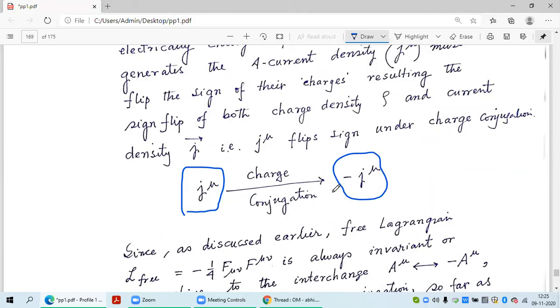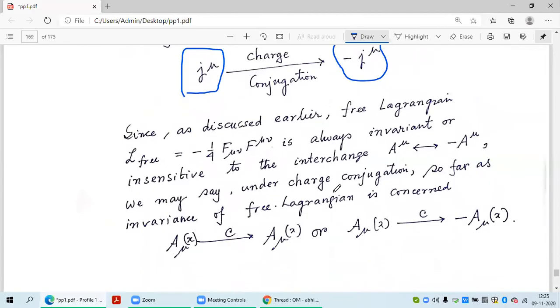Yes, sir. Therefore, look at this now. We have seen that the free part of the Lagrangian, which purely consists of A mu, no J mu is there, is always invariant or insensitive to this interchange.